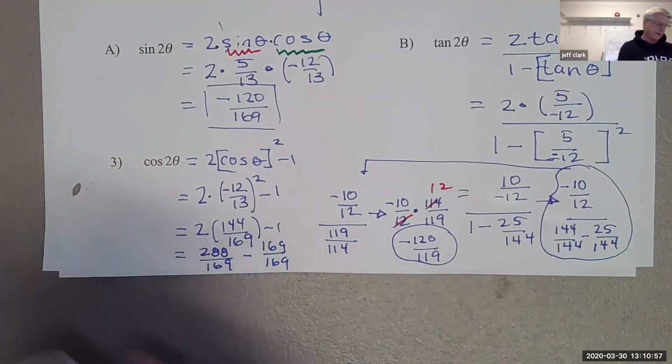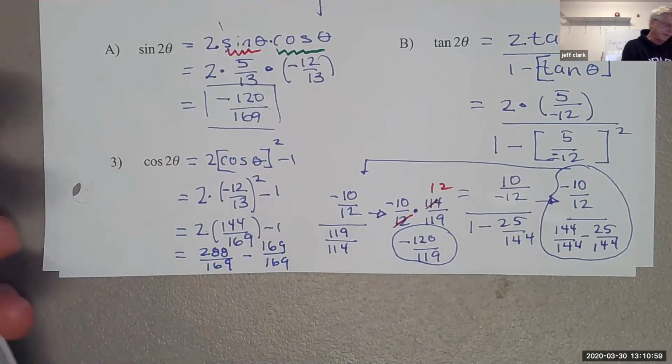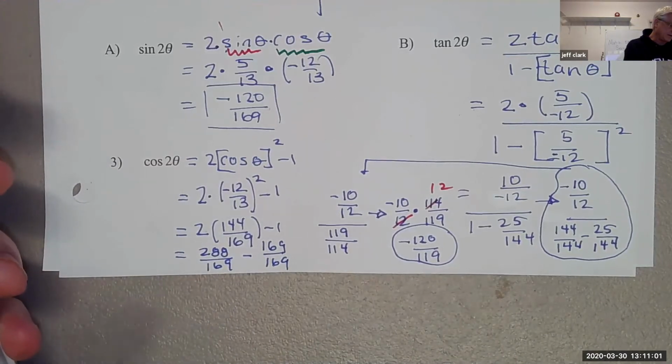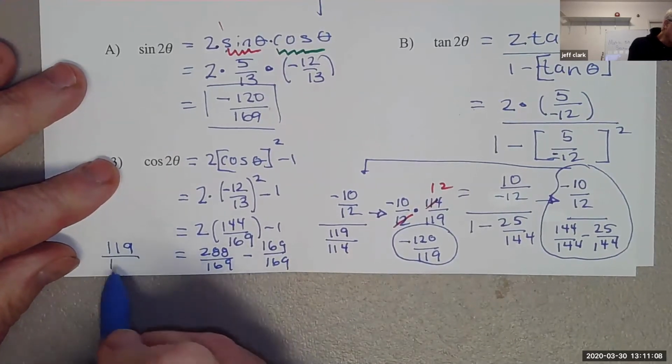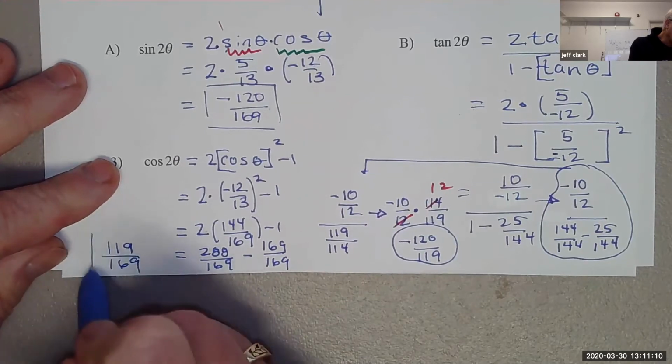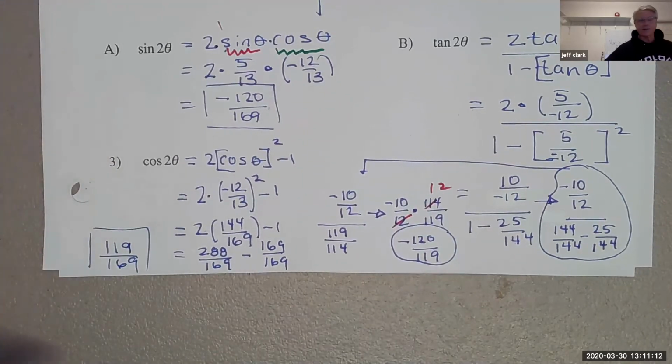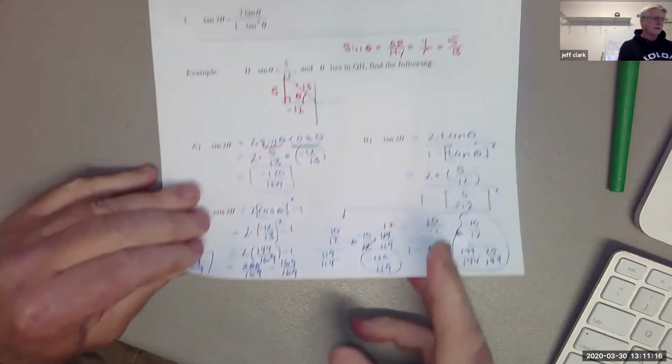I'll take my calculator. I don't remember that in my head. 119. Okay, so I get 119 over 169. That should be the answer for that. All right, flipping the page.